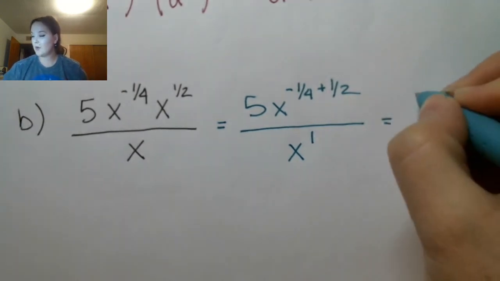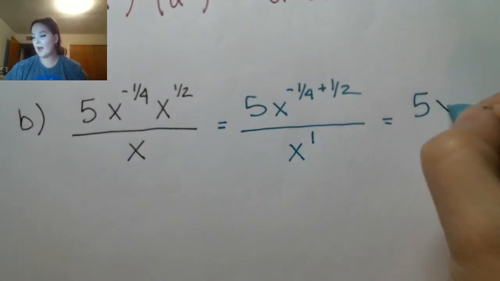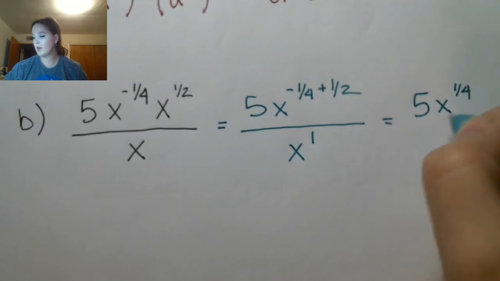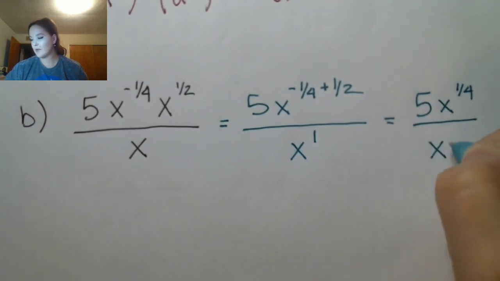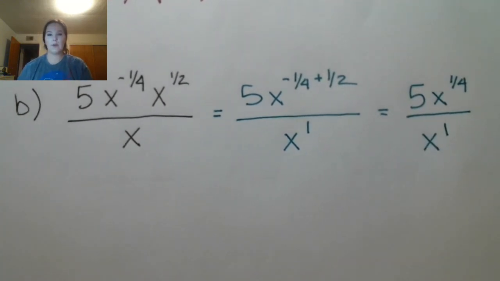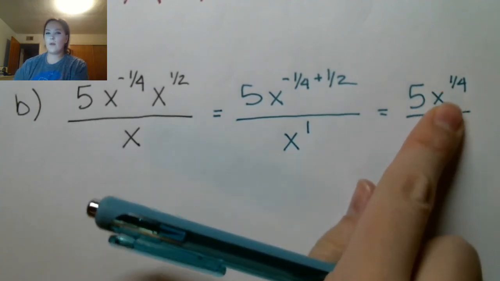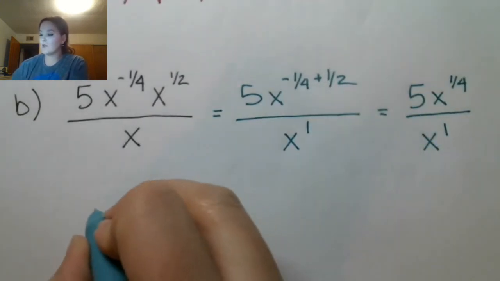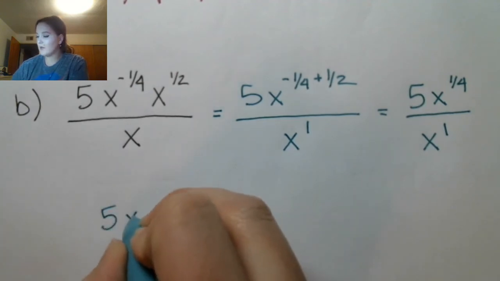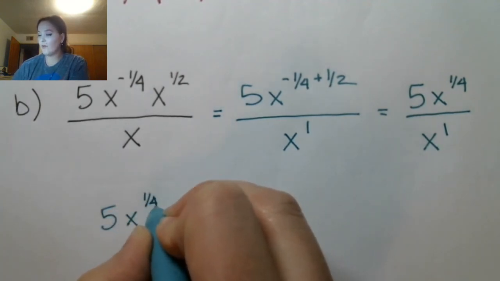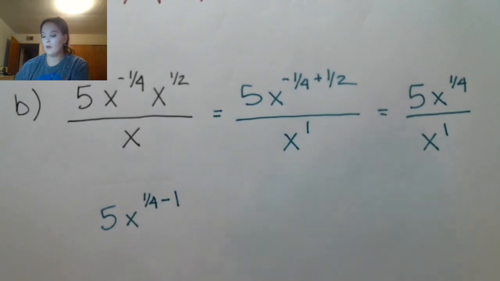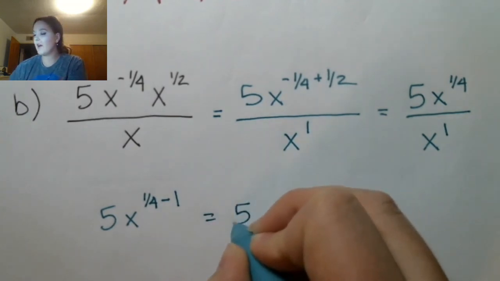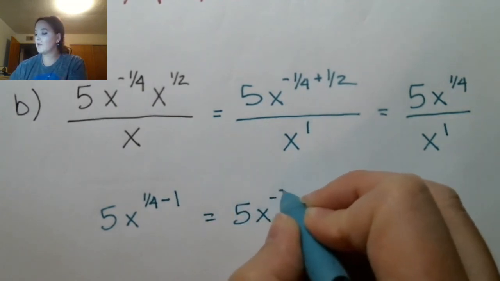So negative 1/4 plus 1/2 is 1/4, over x to the 1. Now because I have the same base in the numerator and the denominator, I'm going to subtract the exponents. So I would have 1/4 minus 1. This would give me 5x to the negative 3/4.